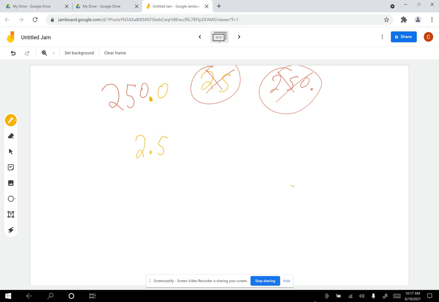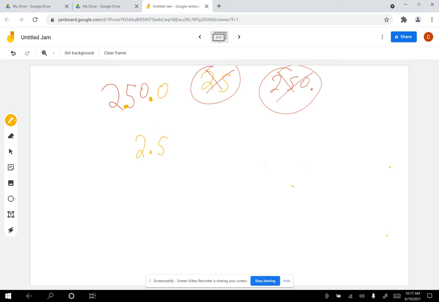So that means the point has to be in between 2 and 5. Because if it was in between 5 and 0, we would create 25, and that's unacceptable. If the decimal stayed put, we would have 250, that's unacceptable. But 2.5, perfect, in between 1 and 10.